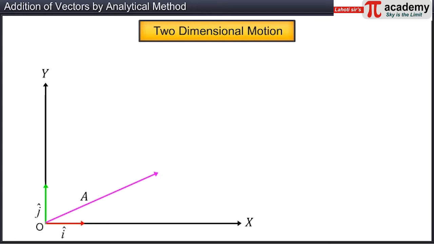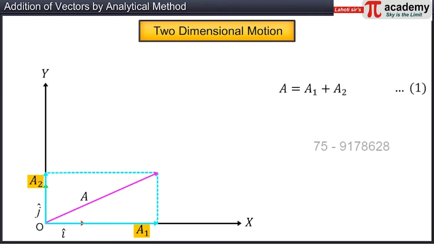From the head of the vector, draw perpendicular lines to the coordinate axis to obtain vectors A1 and A2. Hence, we can write A is equal to A1 plus A2. Let this be equation 1. As A1 is parallel to i, you can write A1 is equal to AXi.